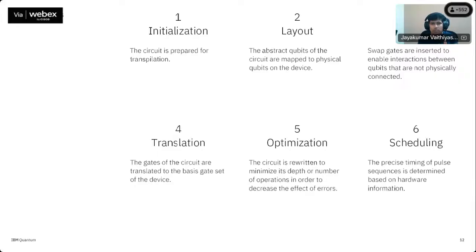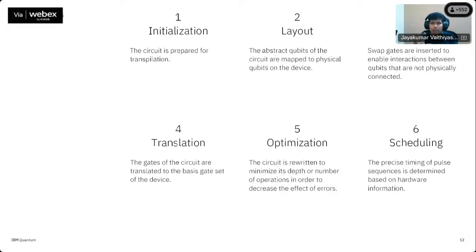The first one is initialization, where you are preparing your circuit's initial stage. It is step one. Next, if you are creating any qubits, these abstract qubits in the circuit are mapped into physical qubits on the device. The next phase is routing.